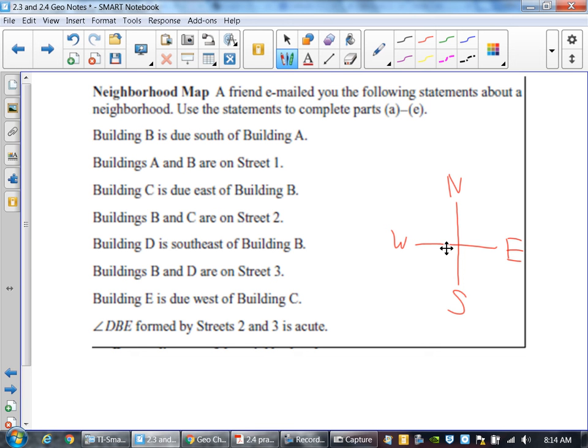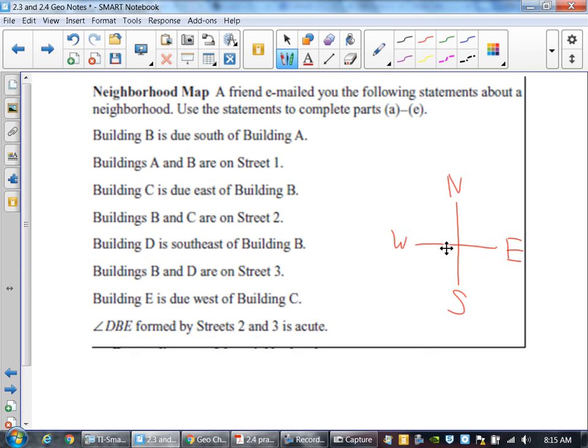Because we had two different places for it to be, and it says due west, it has to be to the left of C. Since that last statement tells you that this angle formed is acute, that means it has to be here. Okay? And that's how that works. So that's the town. There's your town, and then you can answer questions.